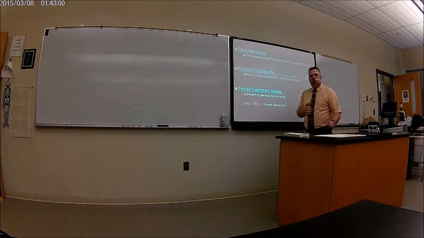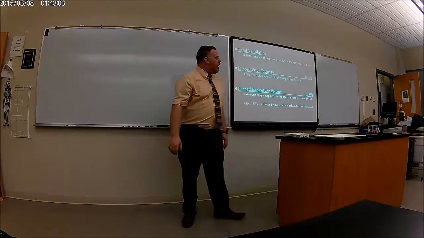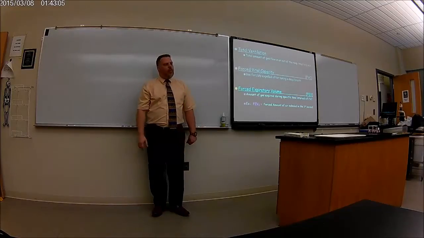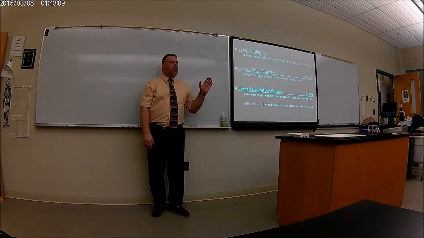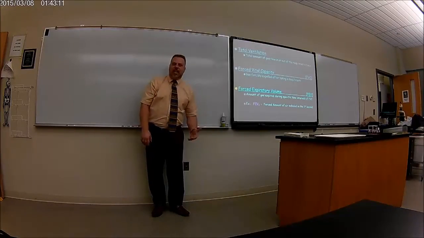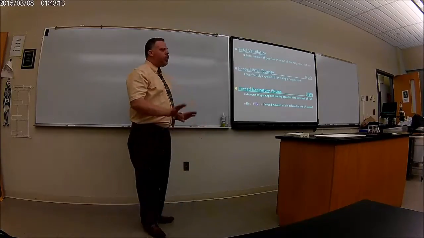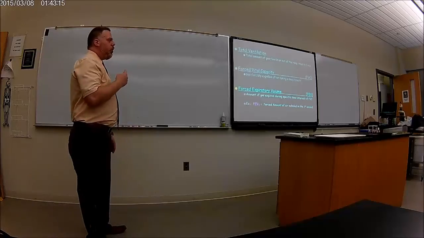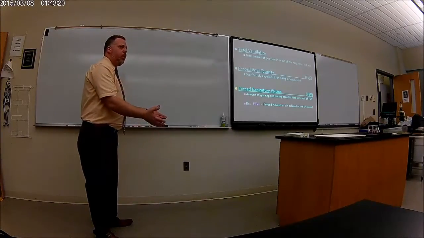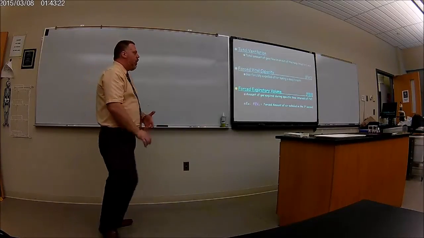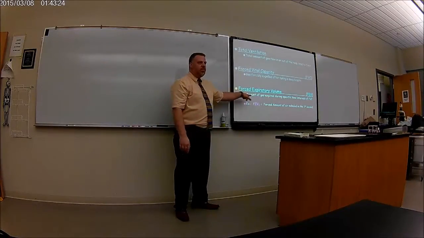Then we have something called a forced expiratory volume, an FEV. And they usually calculate this with a subscript of 1. They usually do this over 1 second. This is what we're talking about, and it's pretty easy to understand. If I do my forced vital capacity, and it took 4 seconds to do that, how much of that came out in the first second?